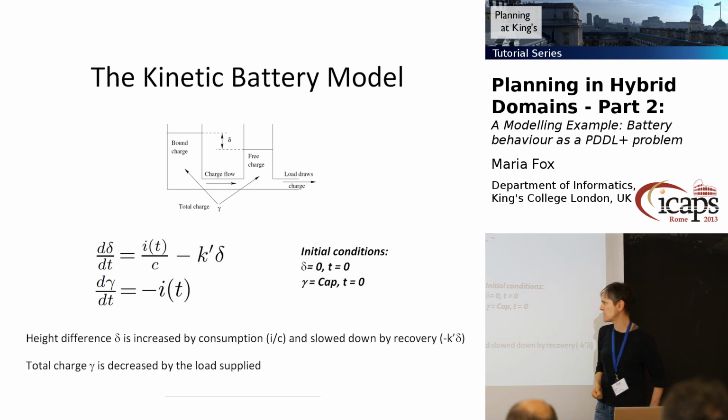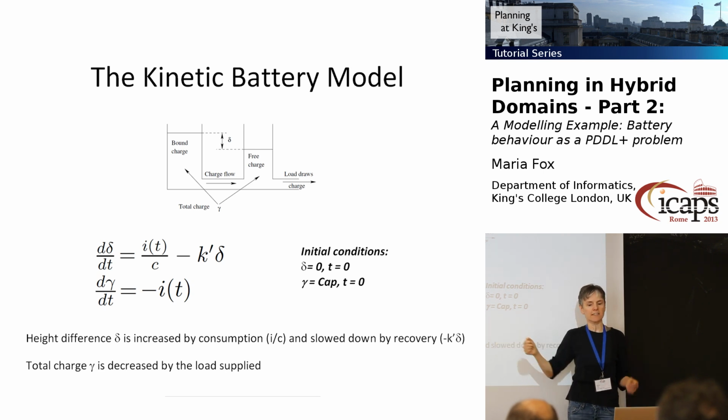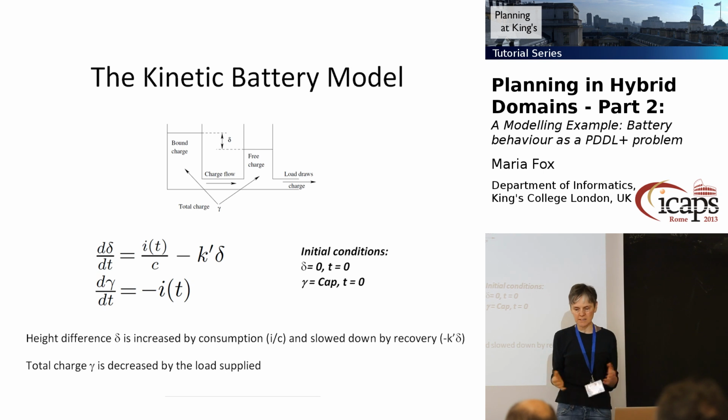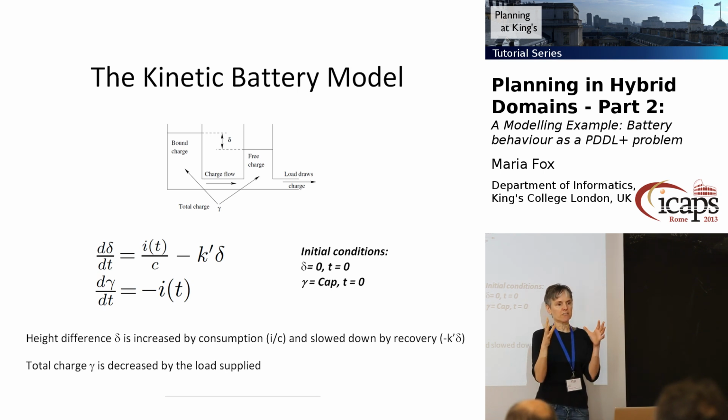So it's kind of intuitive, but still, if you haven't got those to start with, and you're just given a model like the kinetic battery model, and you've got to render that as a PDDL+ model, then you have this sort of work to do to get to that point.